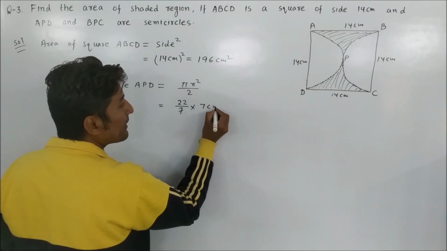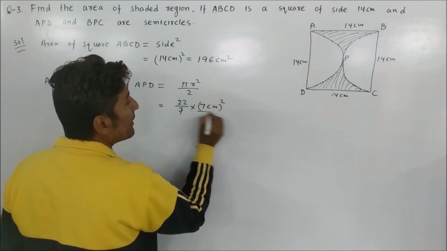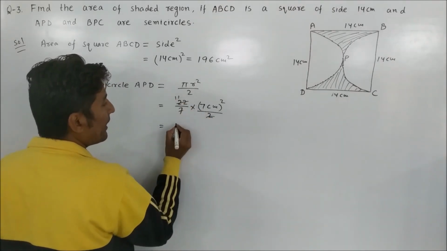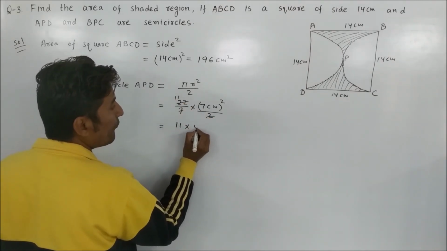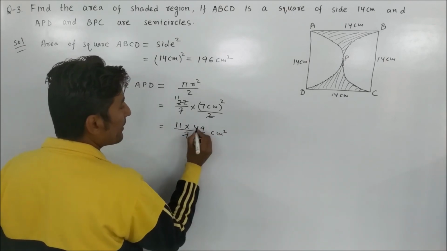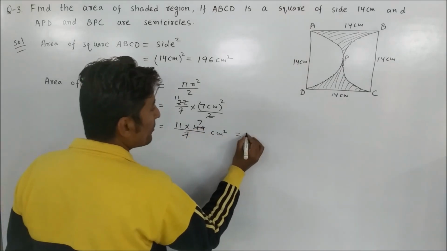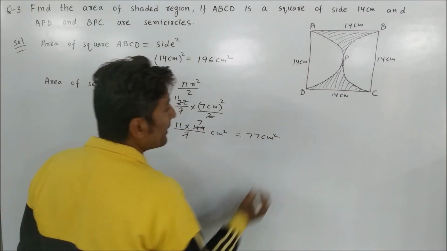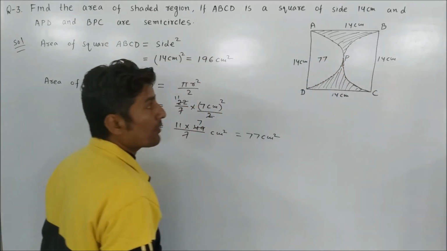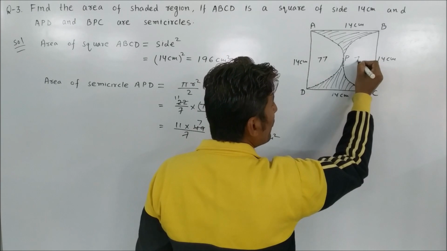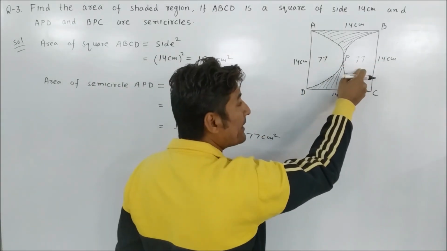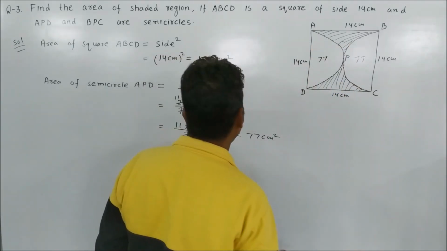So here we can write 7 centimeter whole square divided by 2 also. So here we can write 11, and 11 multiplied by 49 upon 7 centimeter square. So it will be equals to 77 centimeter square. The area of this semicircle is 77 centimeter square. The area of this semicircle will also be equals to 77 centimeter square, because both are the identical semicircles. Both are having the same radius.